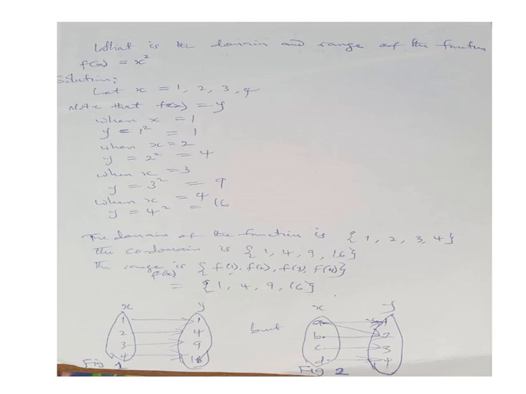So here now, the domain of the function is 1, 2, 3, 4. That is the domain of the function. And the codomain of the function is 1, 4, 9, and 16, which is the output.